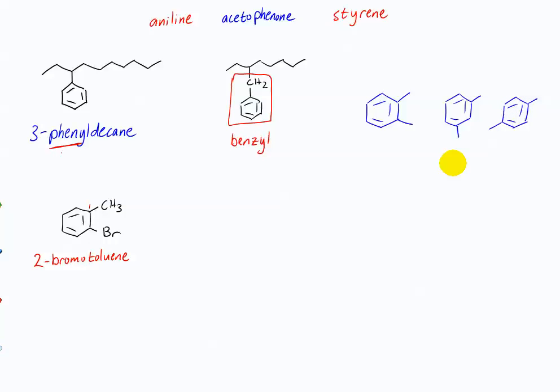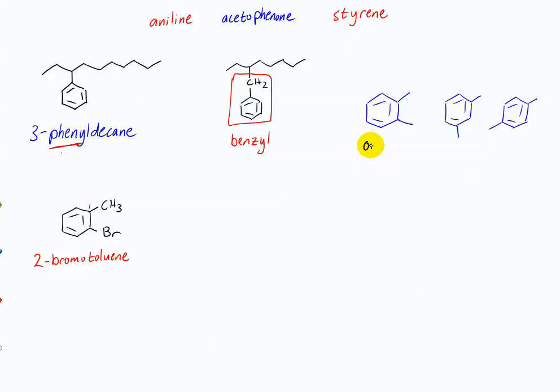Because benzene is flat and symmetrical, the 1,2, 1,3, and 1,4 are the only possible disubstituted benzenes, because 1,5 is the same as 1,3, and 1,6 is the same as 1,2. So they're given special names.